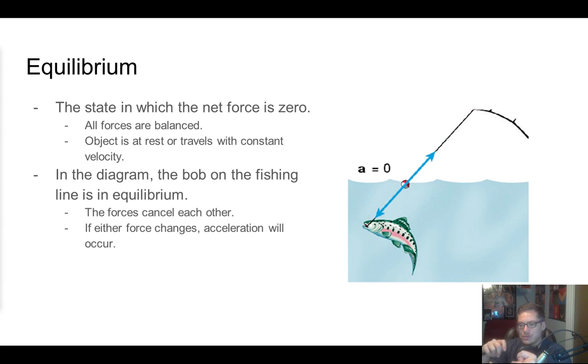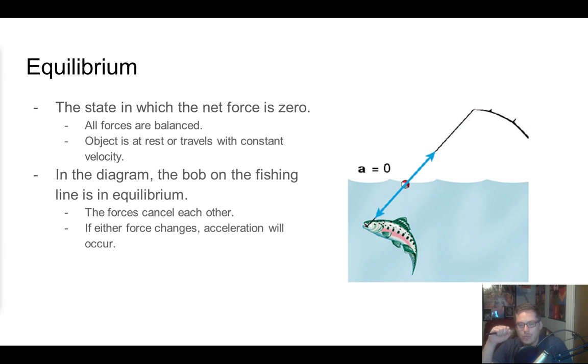Okay, and so the fish is stuck there, and they're going to stay there just like that until either the string breaks, and then there's no force pulling them together and they'll go their separate ways, or they'll change when the person pulling on the line decides to start pulling harder, or the fish gets tired and stops pulling, and then they'll get pulled up out of the water.